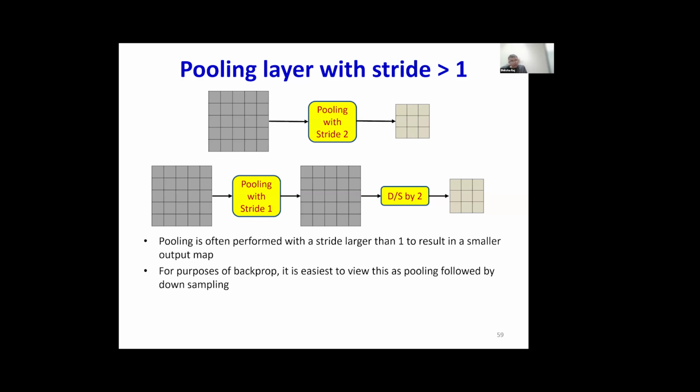So in this case, you can once again decompose this into two operations. The first is pooling with a stride 1, followed by a downsampling layer, and then of course you can use the standard backpropagation rules for downsampling and the backpropagation rules for pooling to propagate derivatives from the output here all the way to the input.